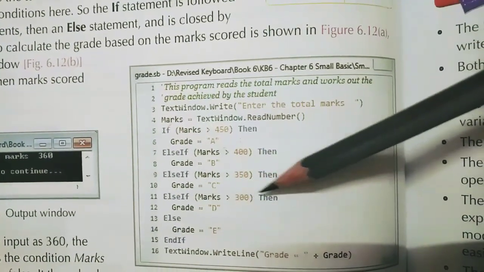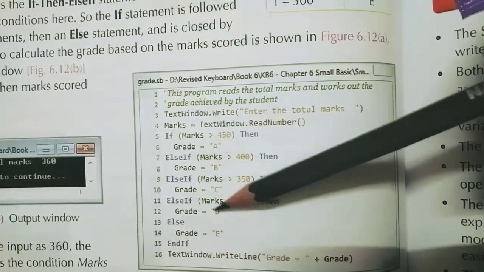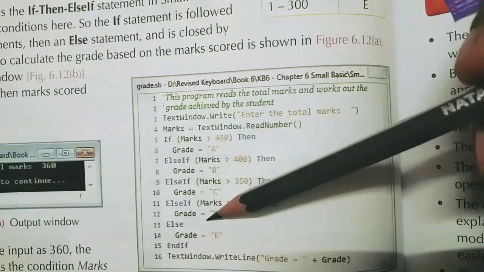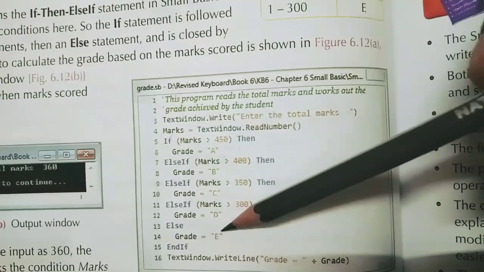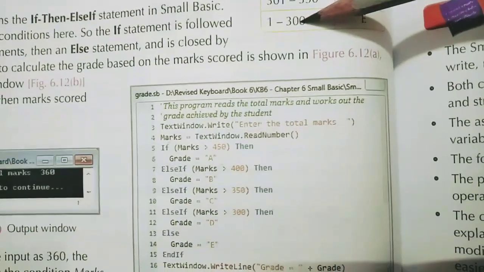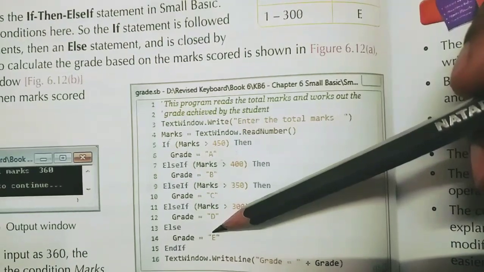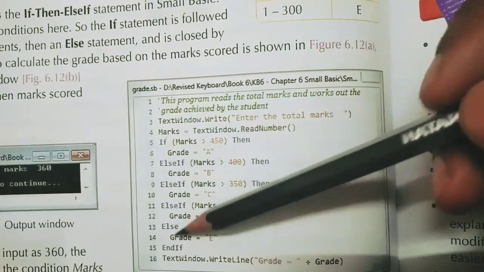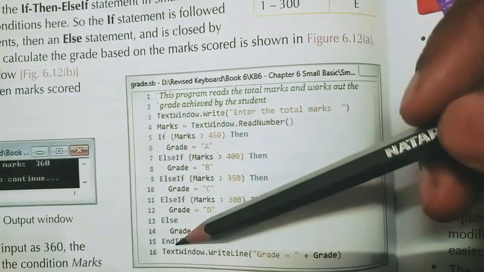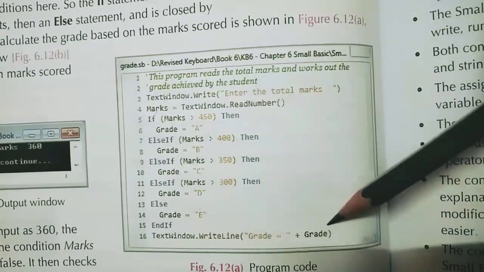Else if marks is greater than 300, then print grade equal to D. At last else, that means if all the above conditions are not true, grade equal to E. That means if it is less than 300, then it is grade E. At last you have to give else and end if to stop the condition, and at last it will print grade equal to this much.